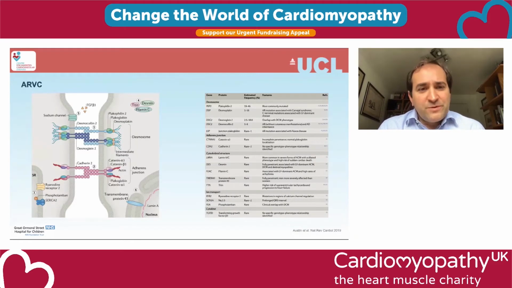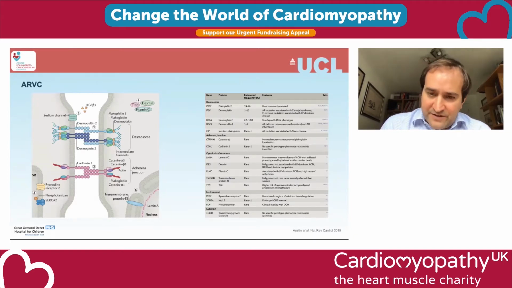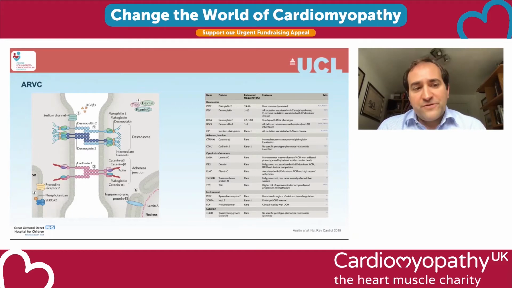And we're beginning also now to understand that the arrhythmogenic cardiomyopathies also have a strong genetic basis in children, as they do in adults. And it's a very complicated slide, but this just shows the junction of two cells, and a lot of the genes that are responsible for causing arrhythmogenic cardiomyopathy are genes that play a very key role in the interaction between the heart muscle cells with each other.